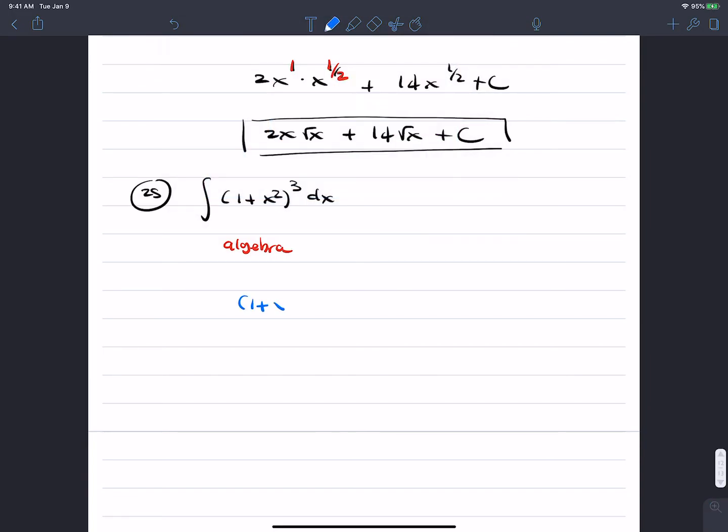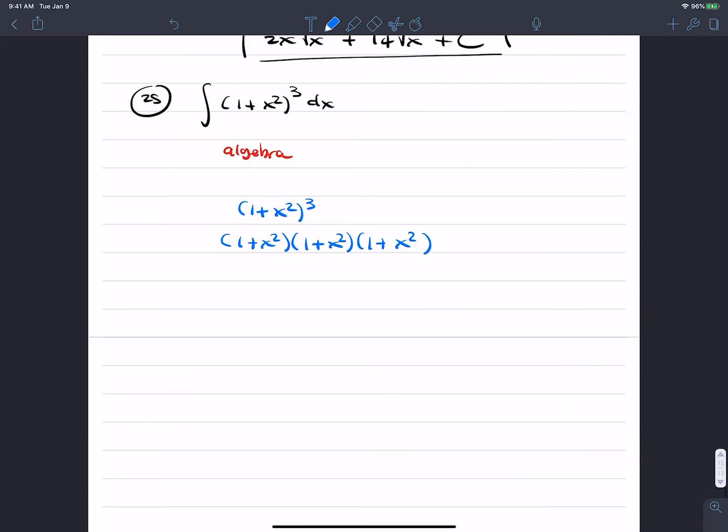You have 1 plus x squared cubed, which means 1 plus x squared times 1 plus x squared times 1 plus x squared. You're going to have to use FOIL here. So for the first two, we use FOIL.